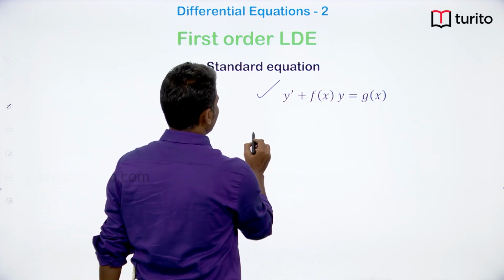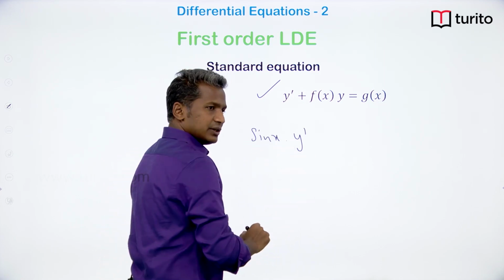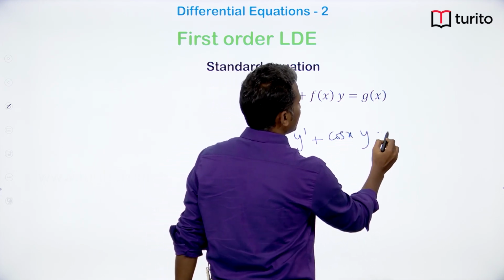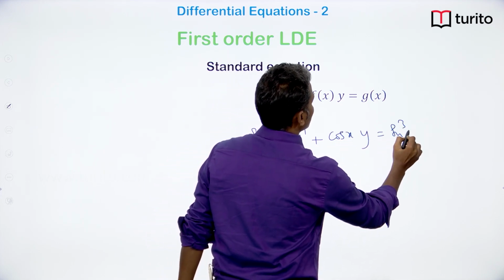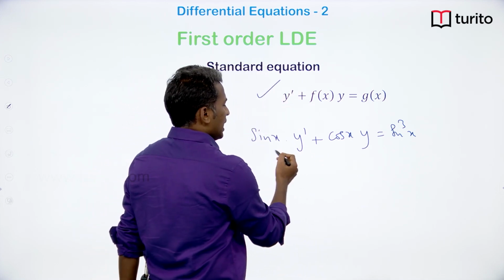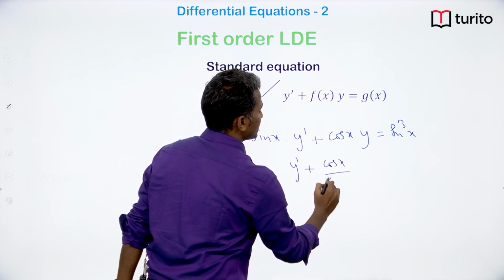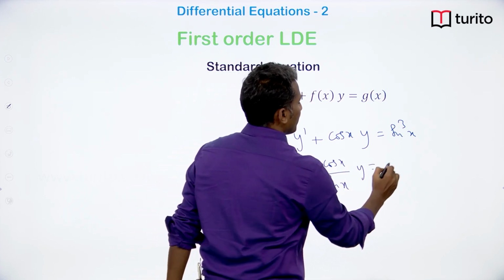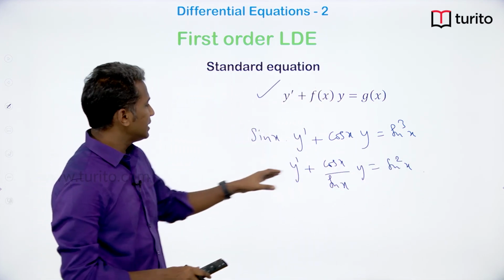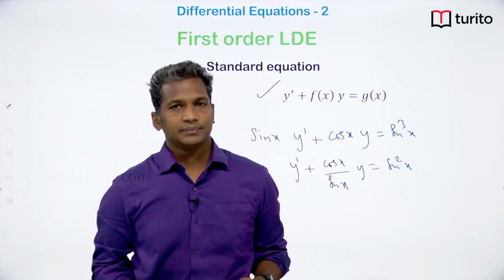For example, let us say we have one differential equation here, sin x into y dash plus cos x into y equal to sin cube x. Now I have to divide this by sin x to get it in the standard form. So this is the standard form of the first order linear differential equation.